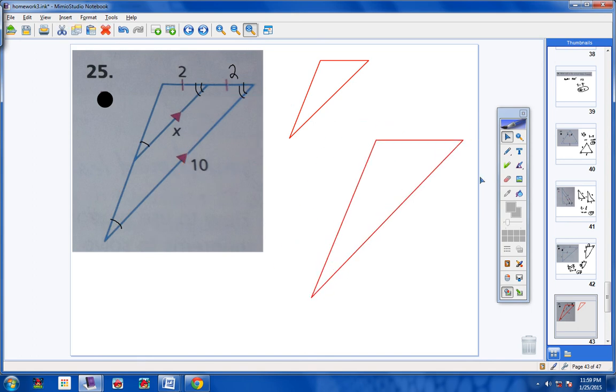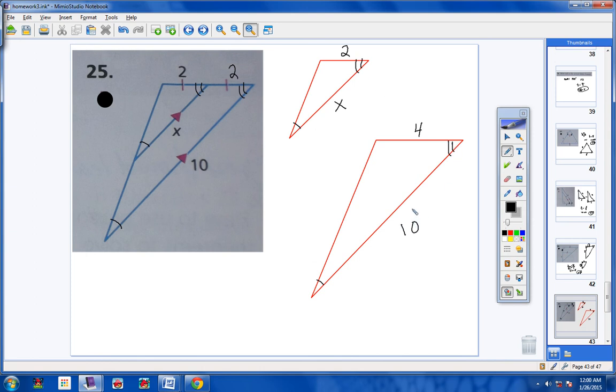And we'll put that here. Now let's mark some things. This is a length of 2. This whole side here is a length of 4. This line here is the length of x. I have an angle here congruent to this angle here. I have this angle here congruent to this angle here. And this whole length here is 10.